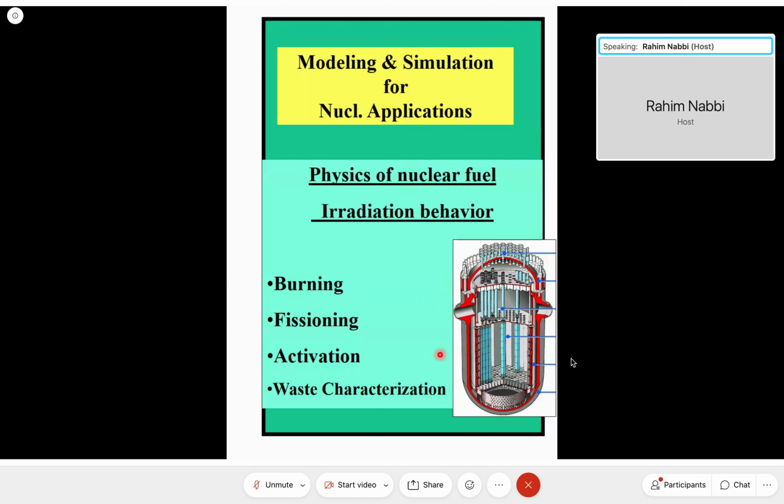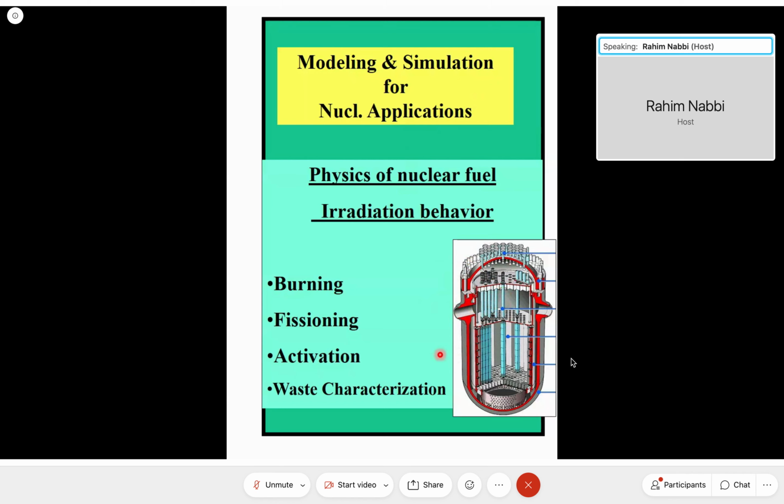In this field we need mathematical methods, numerical methods, and computer software packages, and we are going to see how they work and how these structures are.